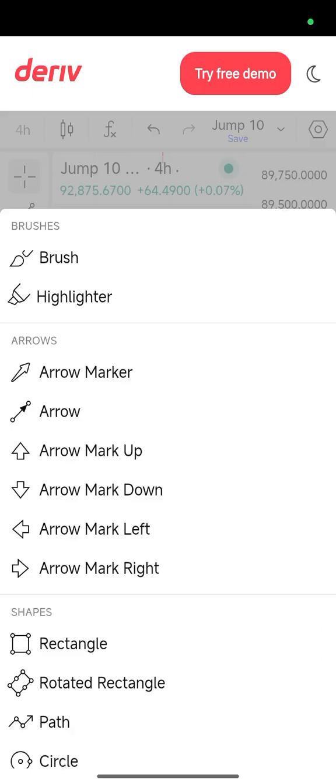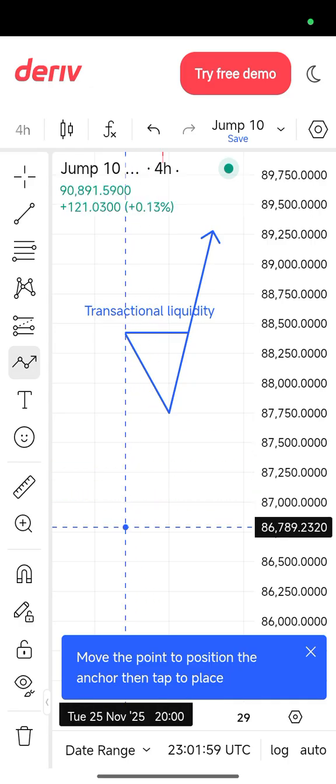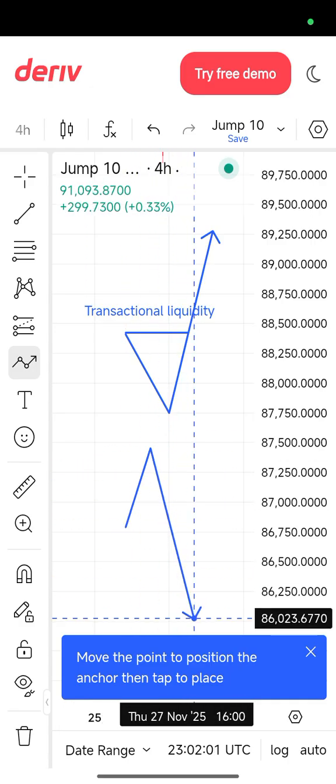When you see that long break from a structure, same applies to bullish to bearish too.